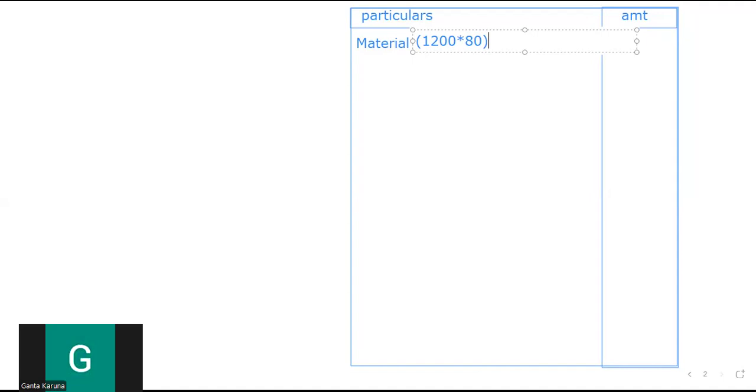So on this one, if I calculate, I'm going to have a change. Now, when I'm multiplying 1,200 into 80, I'll get an answer of 96,000.